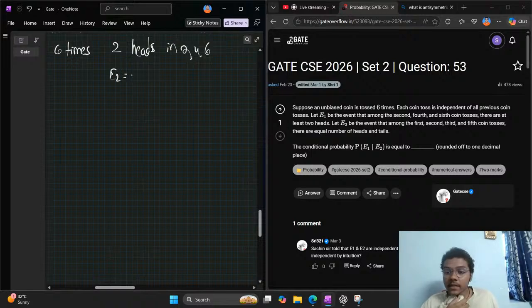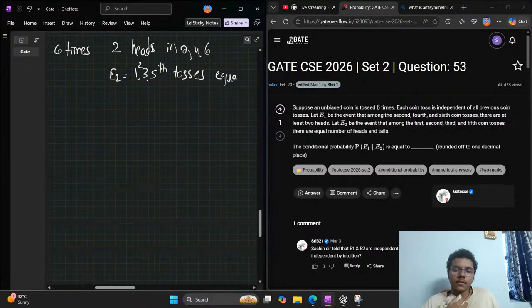E2 is the event in which the first, second, third, and fifth coin tosses are equal, heads and tails.